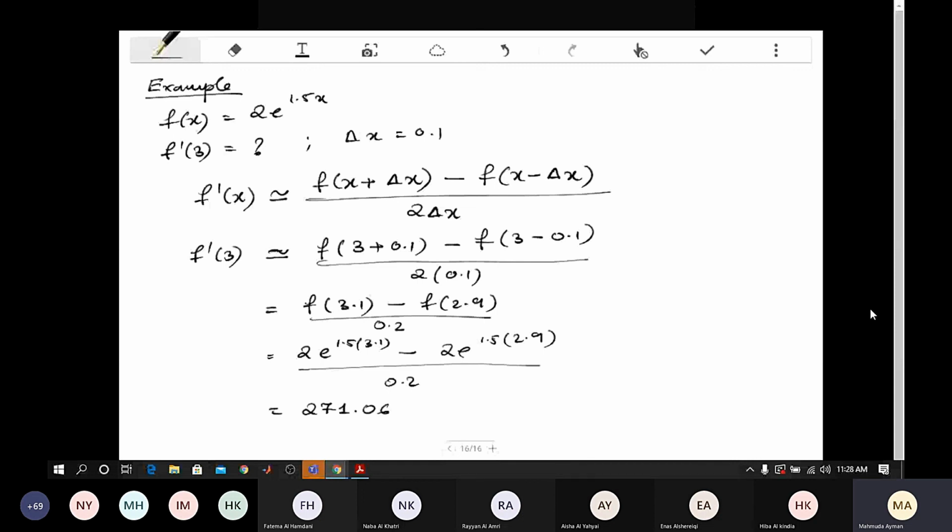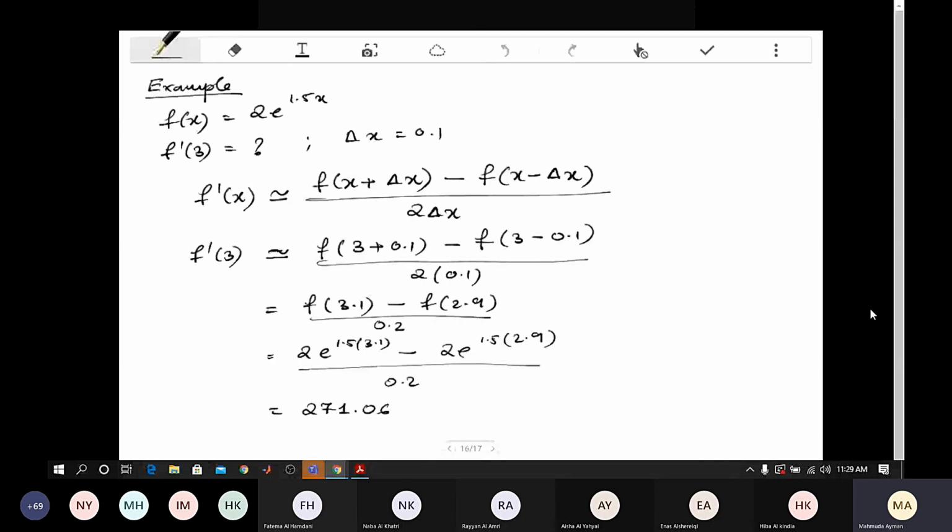And now we know that the exact value of this function here is 270.05. Can you calculate the relative true error and give me the answer? Okay, correct, everyone. So now I want you to calculate the absolute relative true error and give me the answer.